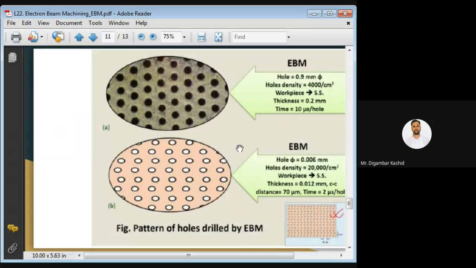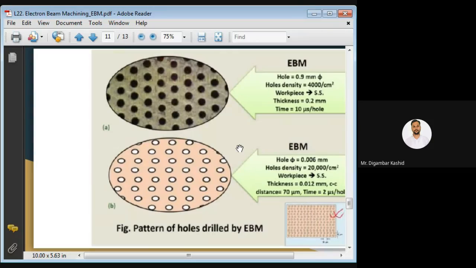So thousands of holes, again with diameter less than 1 mm, we can drill by using the electron beam machining process. Normally you can take the example of thousands of holes in a thin plate which is used for the turbine engine combustor dome.